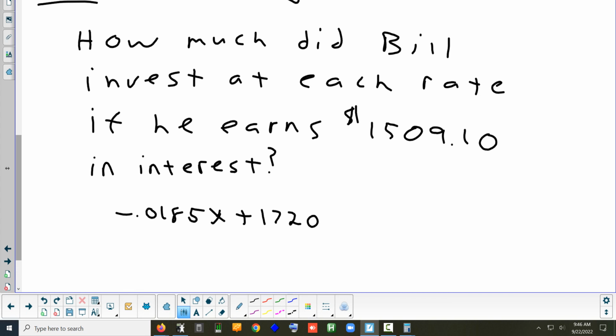Well, if we set that equal to 0, then we're saying he made no money at all. Because this is the formula that's going to calculate how much interest he earned. Shouldn't the interest be positive? It is a positive number, but I want to know exactly what positive number. How much interest did he earn?